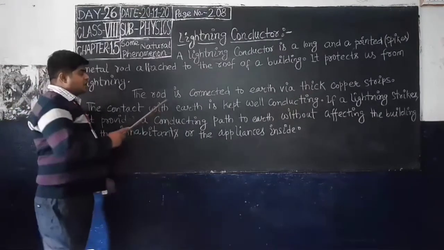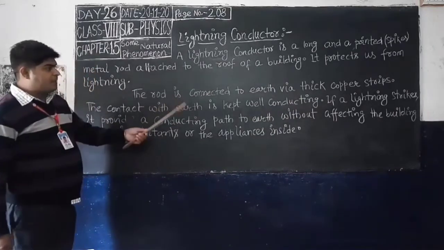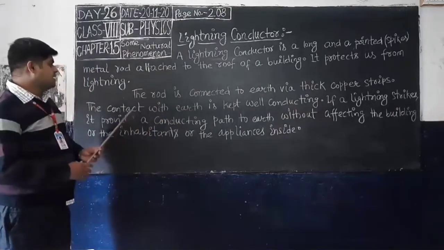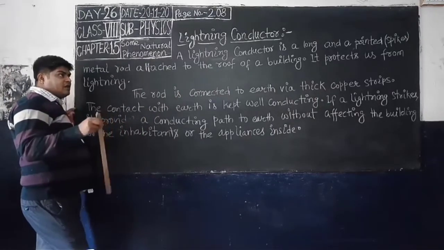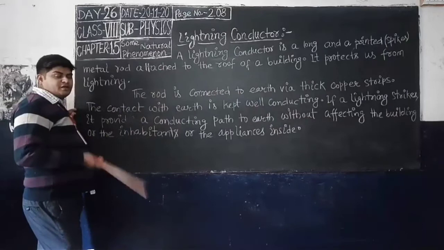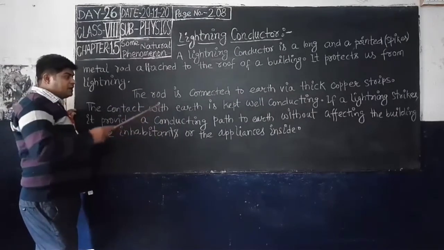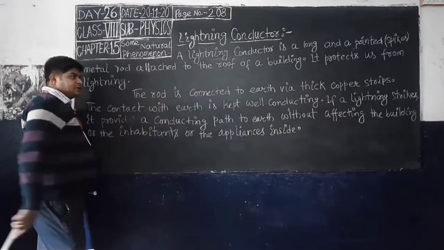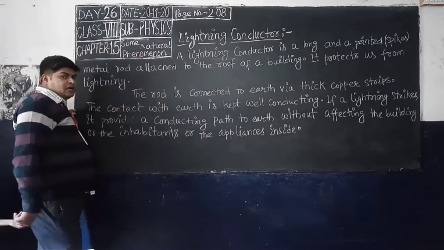The rod is connected to the earth via thick copper strips. The rod itself is 1 or 2 meters long, but it is connected to a copper wire, and that copper wire goes deep into the earth.